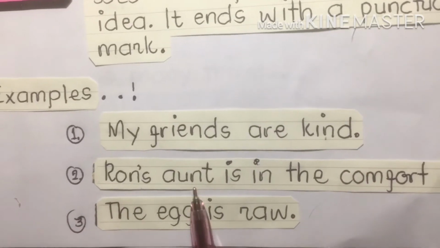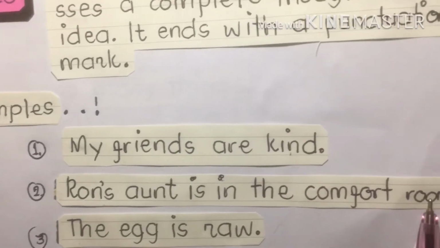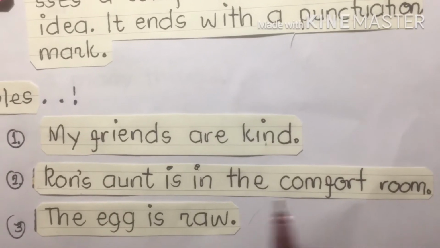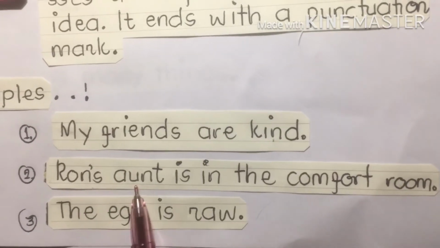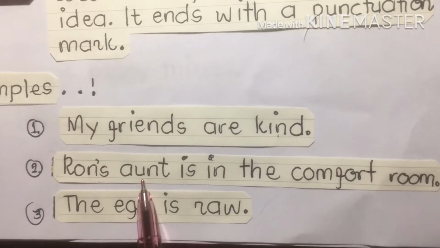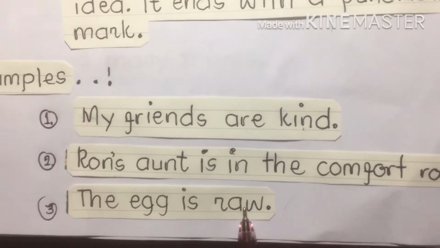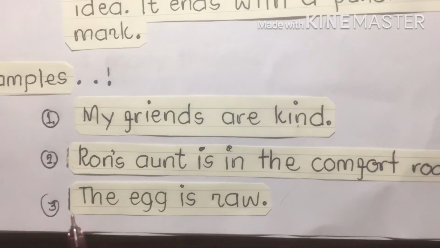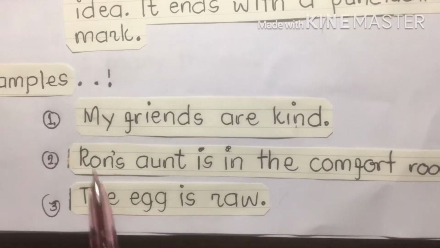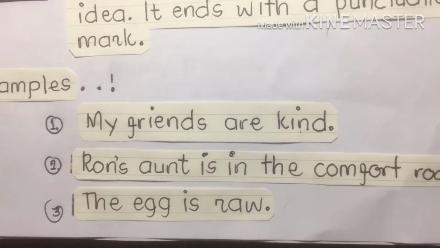Number 2. Ron's aunt is in the comfort room. Who is in the comfort room? Ron's aunt. Okay? This is a sentence. The third is: the egg is raw. And what is raw? It is the egg. Okay? These are sentences.